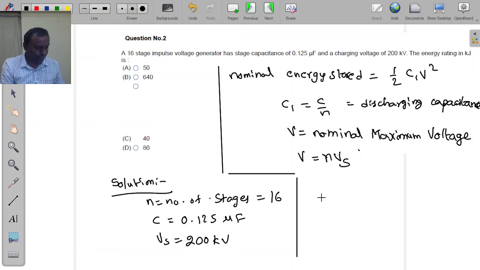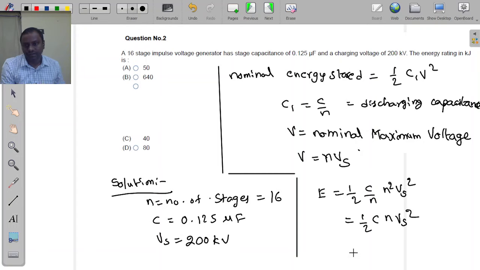Substituting this, now the energy stored will become, in this half C1 V square, C1 will become C by n, and V becomes n Vs. So V square becomes n square Vs square. So this will become half of C n Vs square.